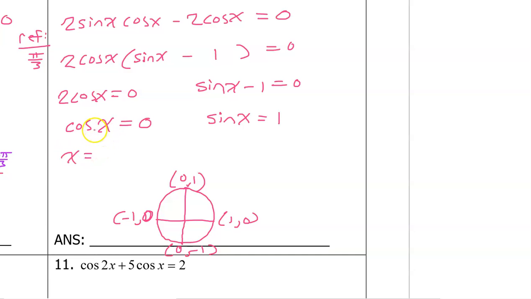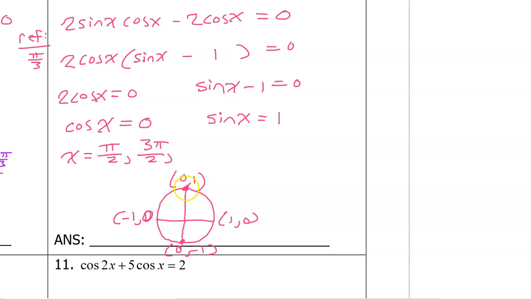Cosine is an x value. So this is asking, where does the x value equal 0? Well, that's up here at the top and the bottom. So I've got pi over 2 and 3 pi over 2. Where does sine x equal 1? In other words, where does the y value equal 1?